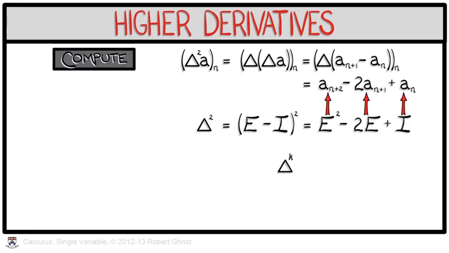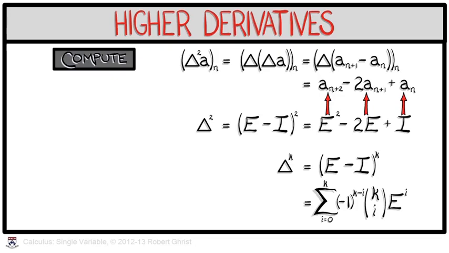In more generality, if we have the kth forward difference, then by multiplying out E minus I k times, we can obtain the formula: the sum, as i goes from 0 to k, of negative 1 to the k minus i, times the binomial coefficient, k choose i, E to the i.